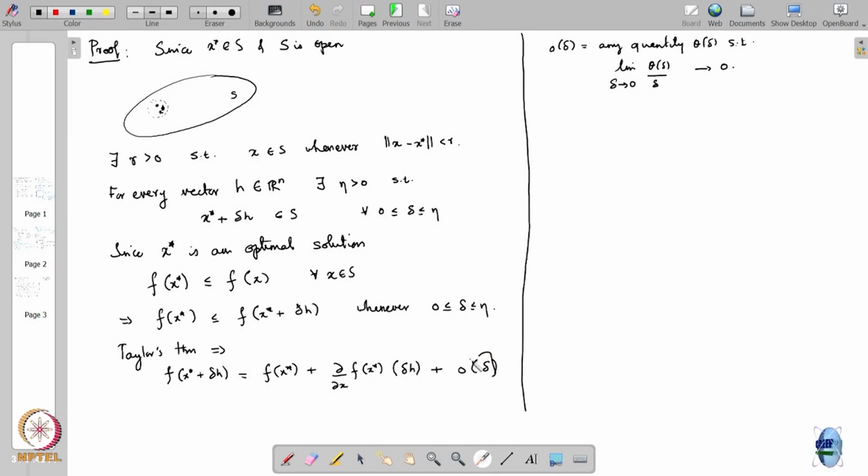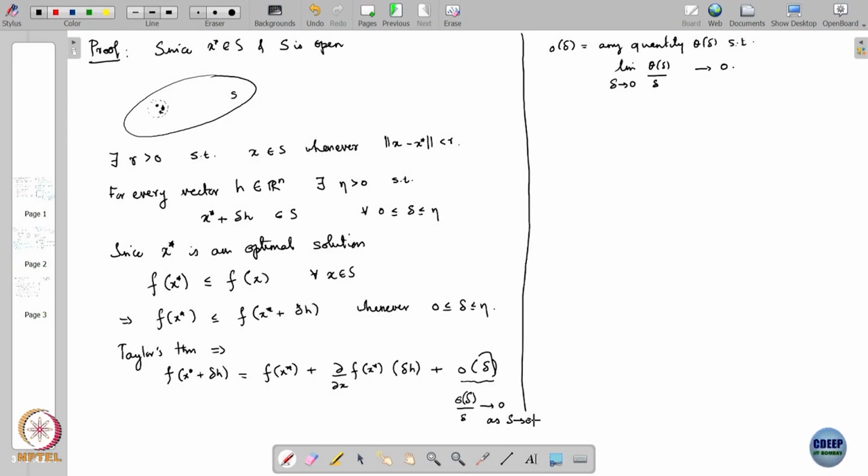So, what Taylor's theorem is basically telling us is that f of x star plus delta h is equal to f of x star plus this derivative times delta h plus this quantity, which is such that small o of delta divided by delta goes to 0 as delta goes to 0.